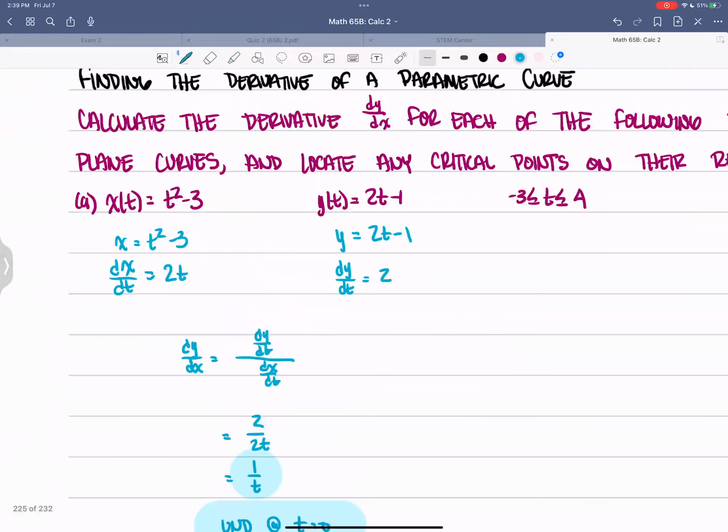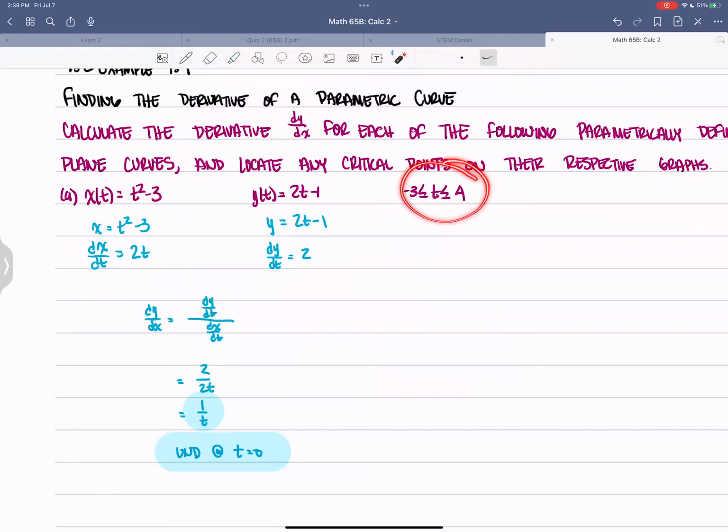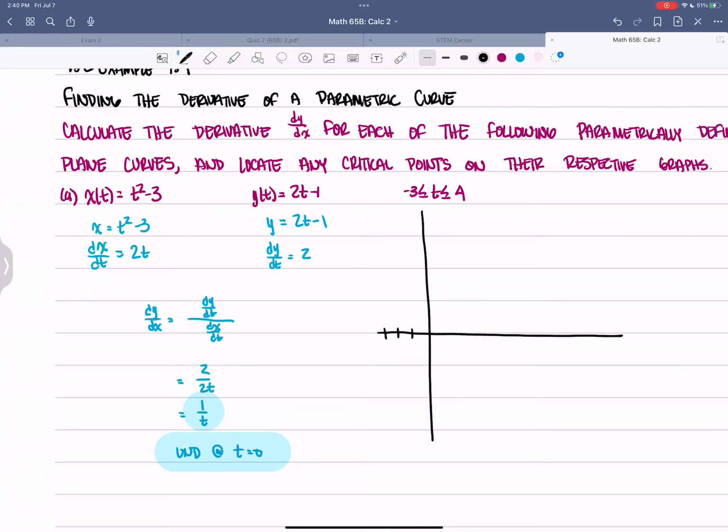Let's try to graph this. So we're graphing it from -3 to 4. So from -3, let's see what x is. 9 minus 3 is 6.